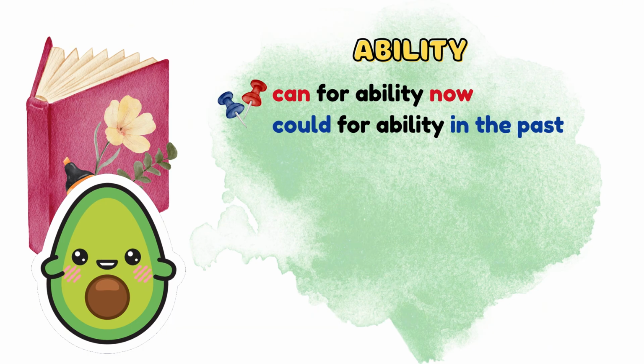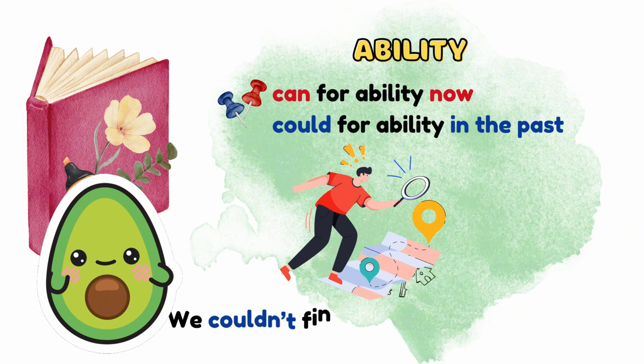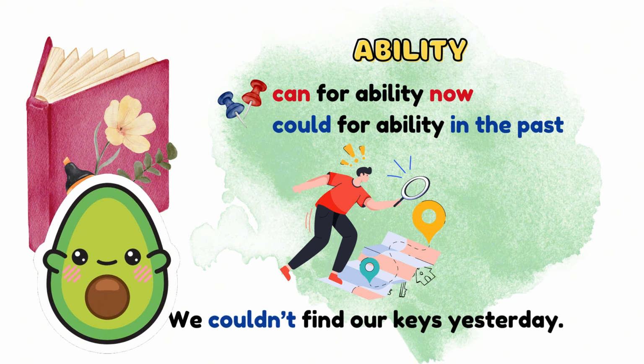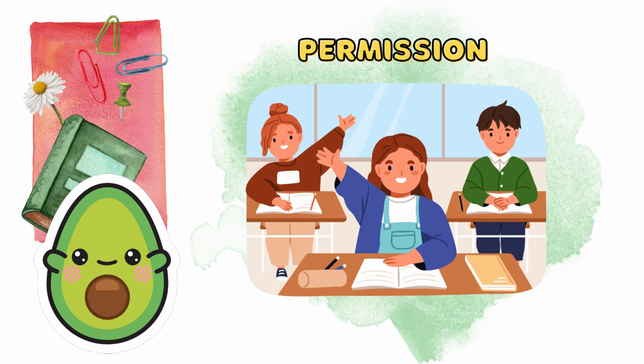If I want to say something negative, I just add not. I can't swim very well. Or we couldn't find our keys yesterday. We also use modal verbs to ask or give permission. Imagine you're in class and you want to ask, "Can I go outside?"